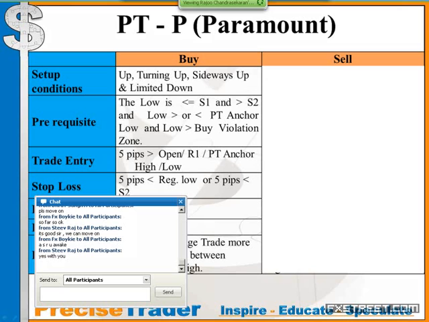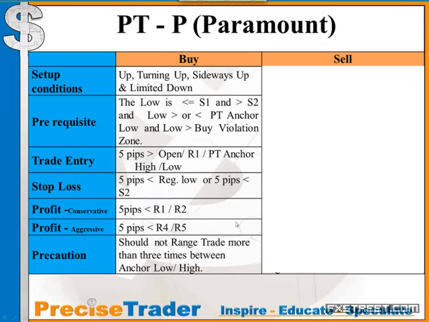So if you are a conservative trader, you may want to exit before those levels, before you know whether the price is going to go further up or further down, right? But if you call yourself an aggressive trader, then you may want to exit between 3 to 5 pips less than R4 or R5, which is our zone 4 or zone 5.